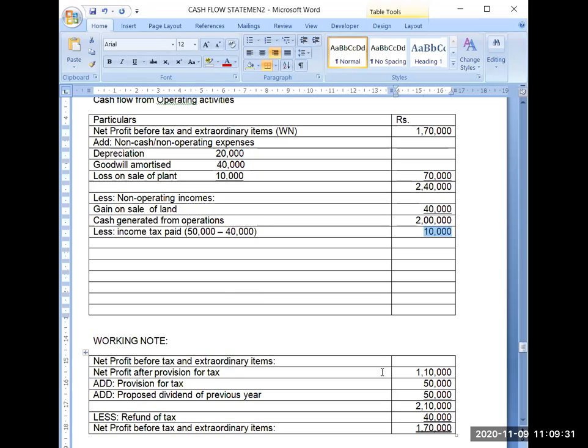You can see, if you are feeling any confusion, that here also you have added 50,000 and you have subtracted 40,000. So same you are adjusting in the net profit before tax, and later on you are showing it as deduction also, because ultimately you have paid this amount. So tax we are showing separately.